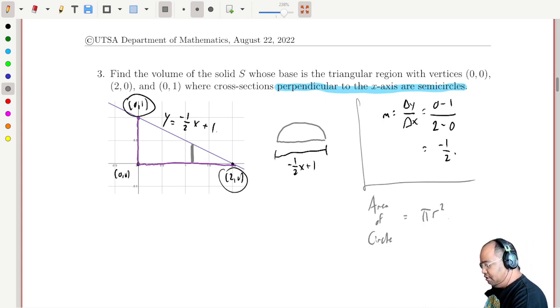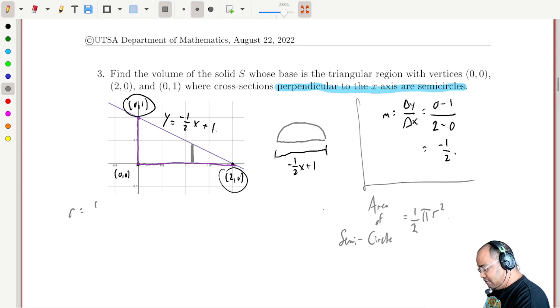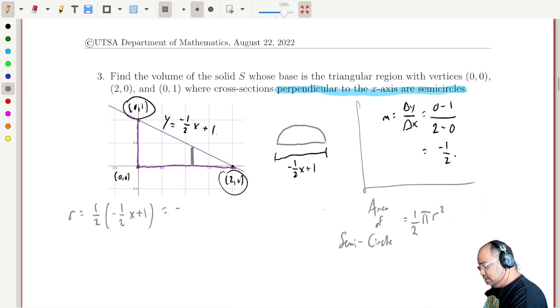So that means the area of the semicircle is half of pi r squared. But then to get the radius, I take half the diameter. And so in this case, the radius will be half the diameter, half of minus 1/2 x plus 1, which is just minus 1/4 x plus a half.